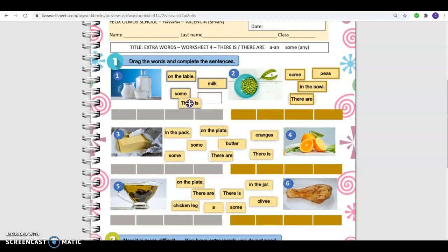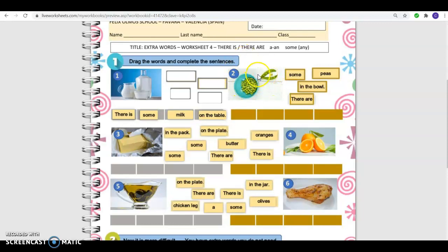And I drag, arrastro, drag, and you drag. There is, está en afirmativo. There is some milk on the table. Okay. Number 2, you see the picture.